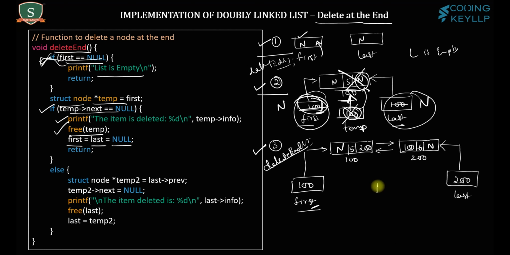Next we are taking the support of a temporary variable and storing the value of first, which is 100.